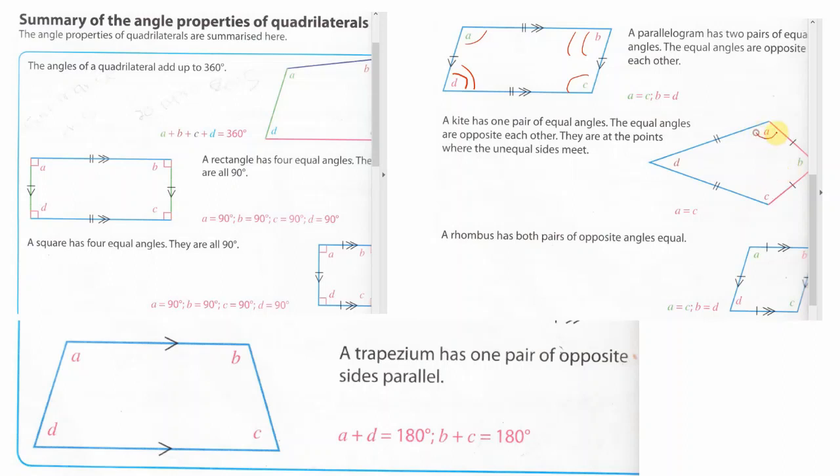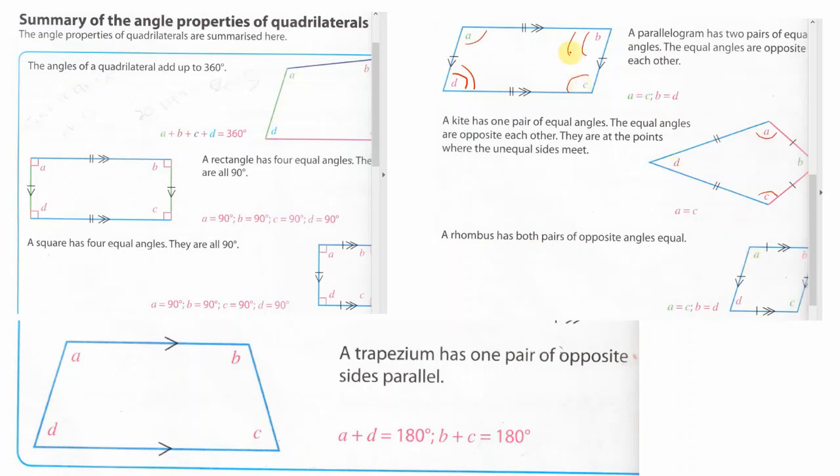Now the angles, the opposite angles are equal where the 2 unequal sides meet. So the blue side and the unequal red side, where they meet, that angle is opposite where the other blue side and red side meet. So angle A is equal to angle C.